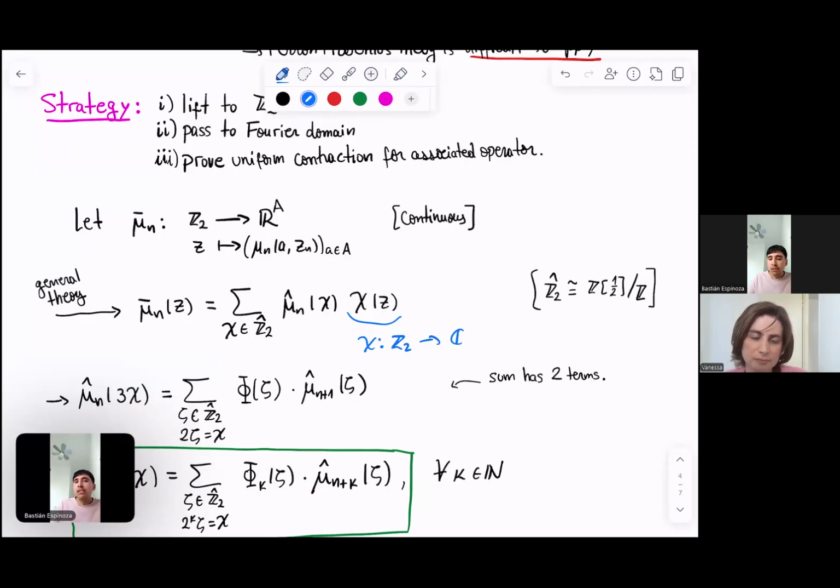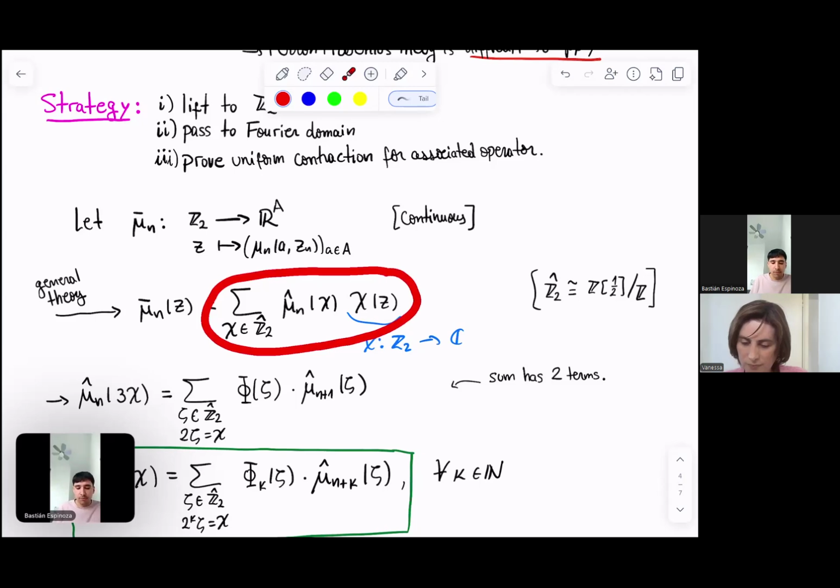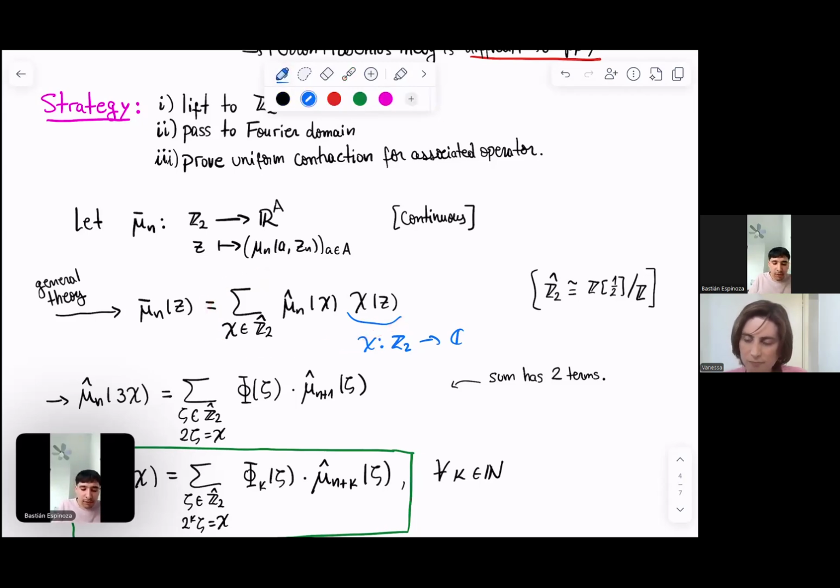In general, this is an integral, but in the case of the odometer, the dual can be identified with this group. The point is that this is a countable group. So this integral, in fact, becomes an infinite series. And this infinite series is determined by these Fourier coefficients, which in this case are complex vectors. The expansion is unique, and it has all the good properties.